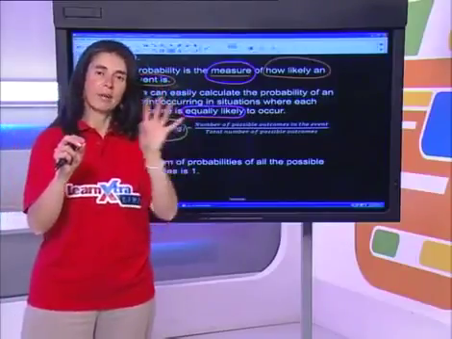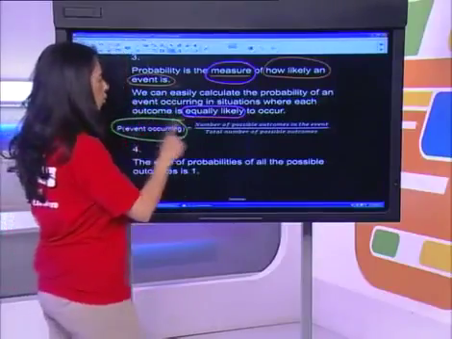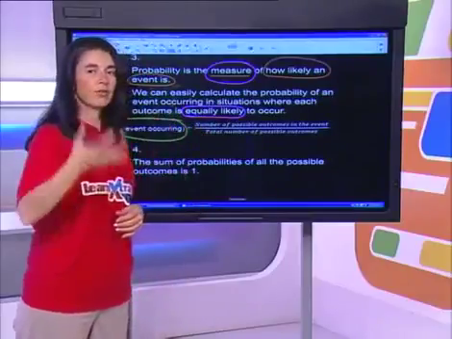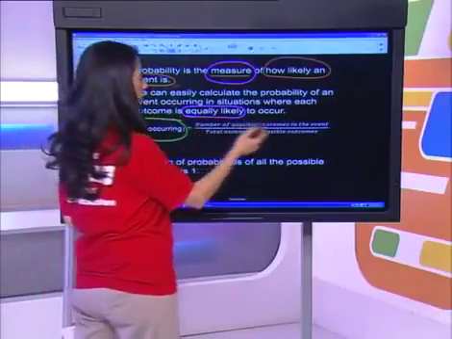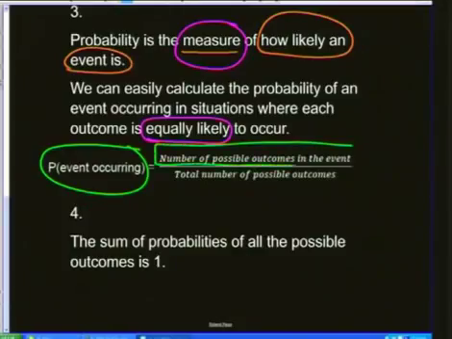So we would have capital P and in brackets the event that we are measuring, and it will always be equal to, if we are measuring the likelihood of a head happening, the number of possible outcomes that you've specified in the event, divided by the total number of possible outcomes.